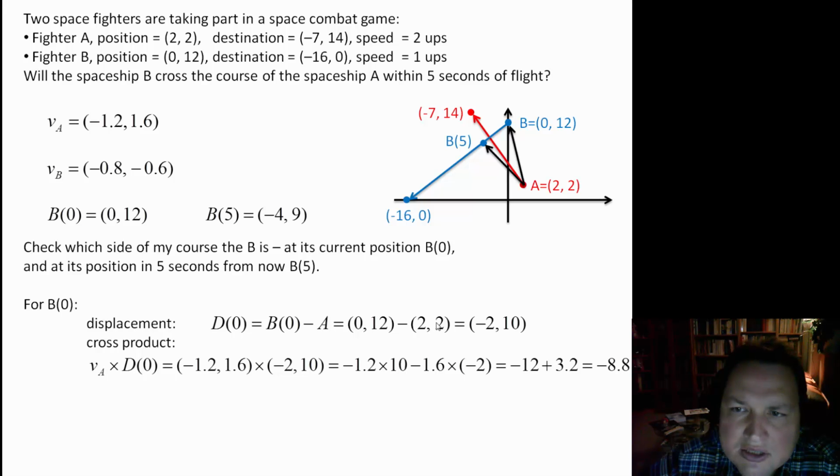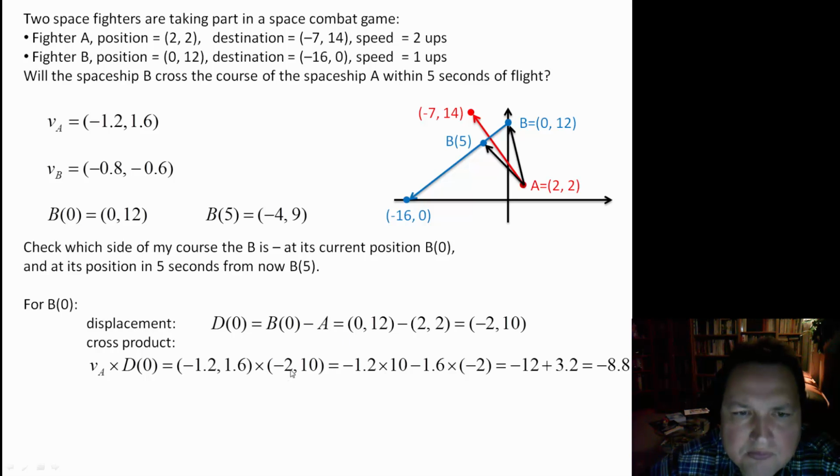The cross product of the velocity of fighter A and the displacement vector for time equal 0. Velocity A is taken from here, (-1.2, 1.6), and the displacement at time 0 has just been calculated, it's (-2, 10).